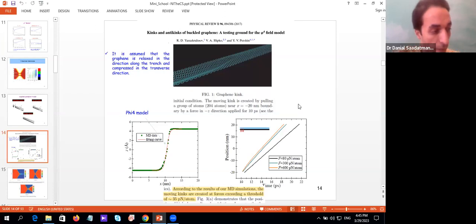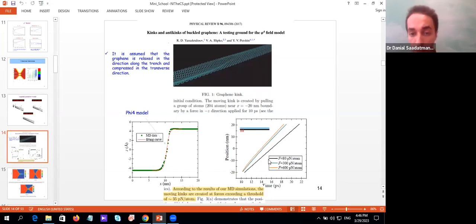Let's say that we have a graphene here like this, and if we compress the graphene in the transverse direction, you can see that we have a kink. And if we pull a number of atoms in the minus Z direction for 10 picoseconds, the kink can be formed. Here you can see the data from molecular dynamics, which are exactly fitted to the phi-4 kink.